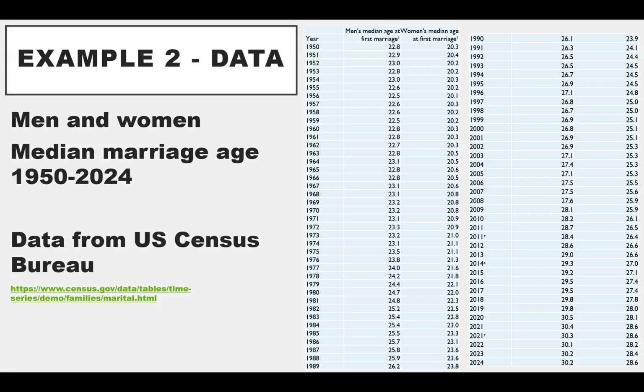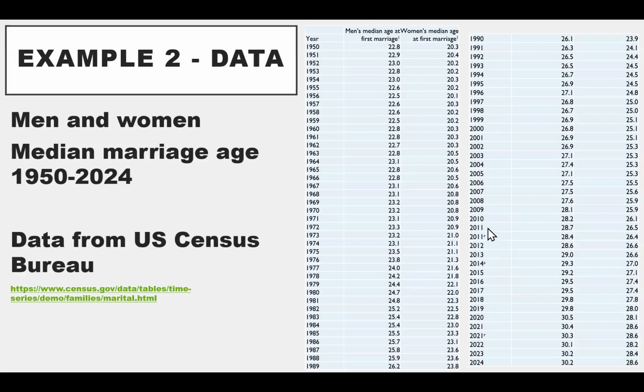So we're not talking about second and third marriages here. We're talking about the median age men are at their first marriage, and the median age women are at their first marriage. It's interesting that they are slightly different numbers. But this comes from the US Census Bureau, if you want to look that up.